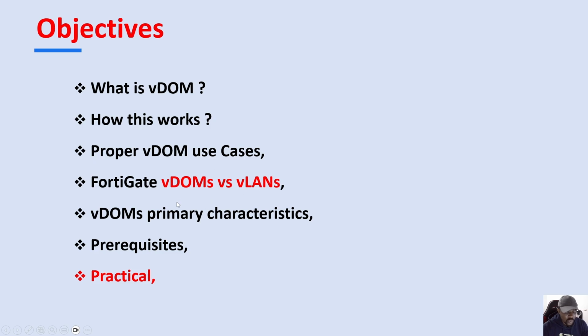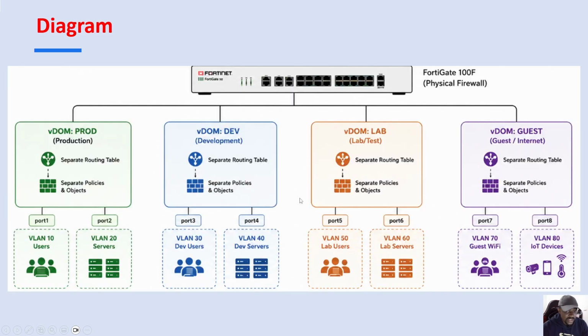Next we are going to show the primary characteristics of vDOMs. And we're also going to show the prerequisite that we need to meet if you need to implement vDOMs in your environment. So this is a diagram that I just displayed so that we can have a global overview of what we are talking about.